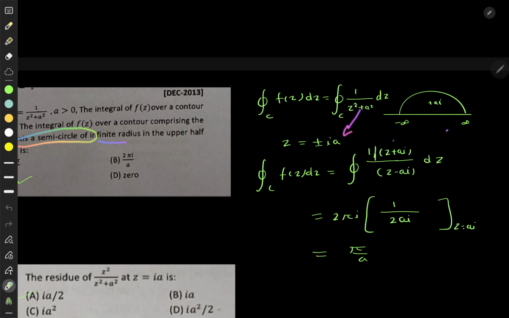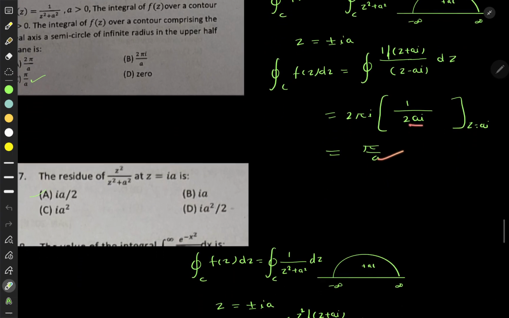So here two singularities will be plus minus a iota. Only plus a iota will be the problematic point. So we write phi z upon psi z. z minus a iota will be in the denominator. It will be cancelled out in the limit. So only 1 upon z plus a iota. Put z equal to a iota, so we get 2a iota. And we know integration equals 2 pi iota into sum of residues. So pi by a will be the answer.